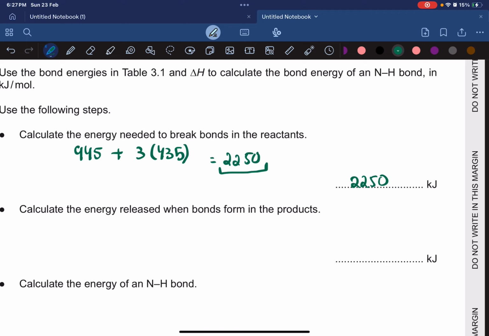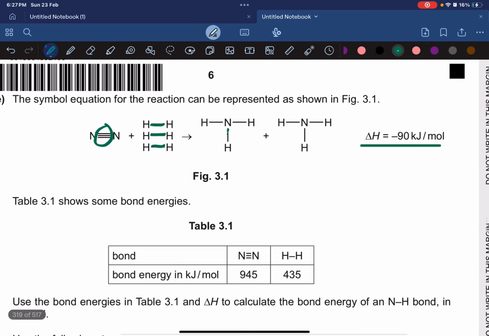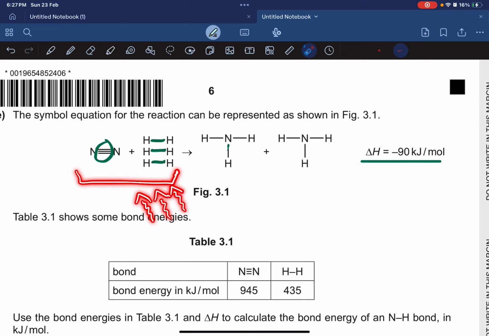Calculate the energy released when the bonds form in the products. Now I'll tell you what is basically happening. When we are breaking these bonds, we are absorbing energy. Energy is going into the bonds.